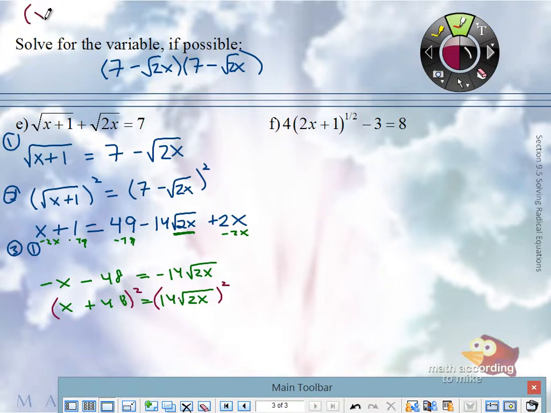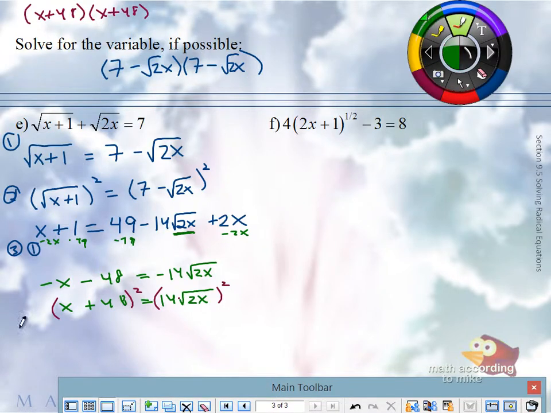I'll put this up here. So x plus 48 quantity squared means you're going to multiply x plus 48 by itself. So first gives you x squared. Outer and inner each give you 48x, which will combine. Last gives you what you get.